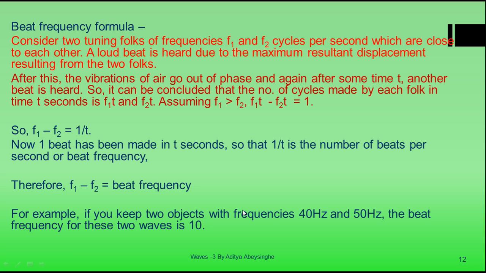So if you have two tuning forks with frequencies f1 and f2, which have f1 and f2 cycles per second, and f1 and f2 are very close to each other, that means f1 doesn't exceed f2 by a large value, or f2 doesn't exceed f1 by a large value. A loud beat is heard due to the maximum resultant displacement, so that is the occasion of constructive interference from the two forks. After this, the vibrations of air go out of phase, and again after some time t another beat is heard.